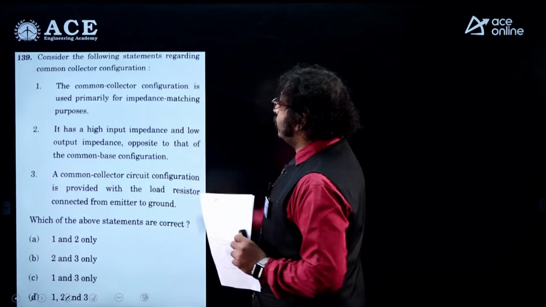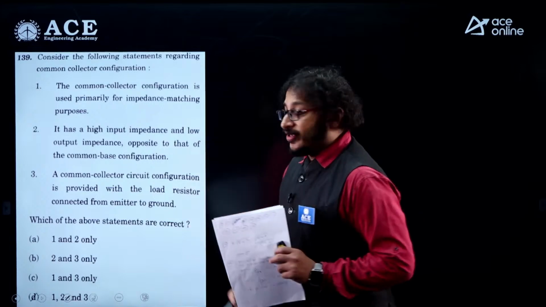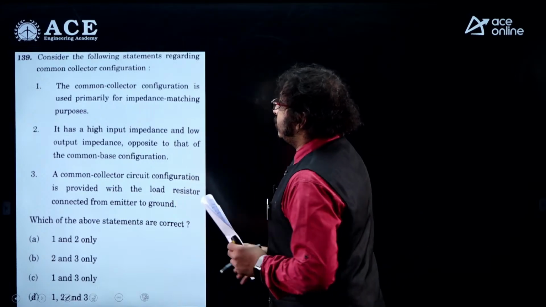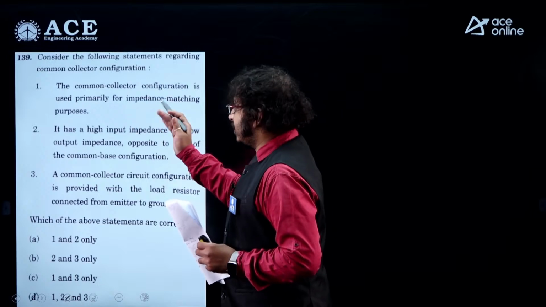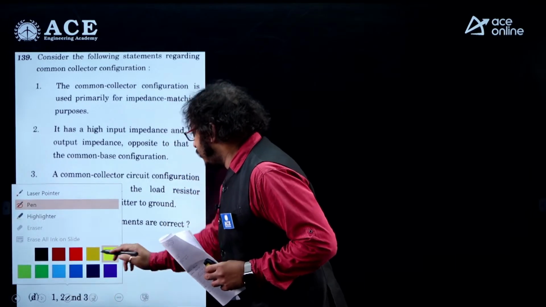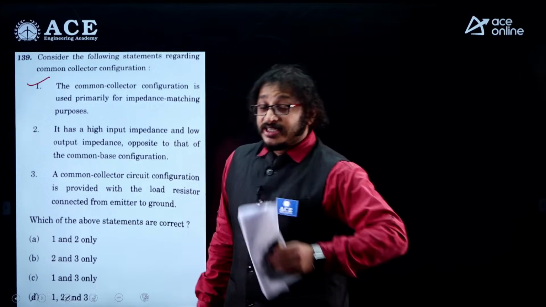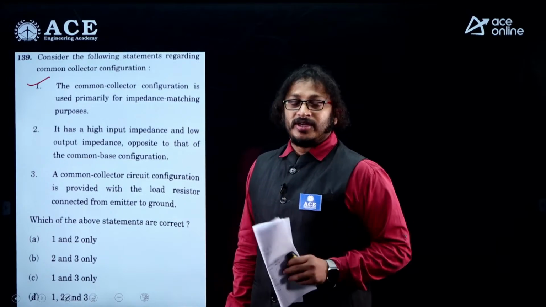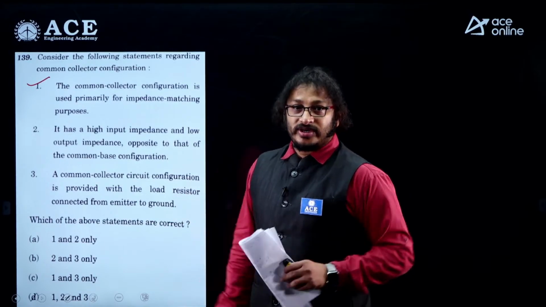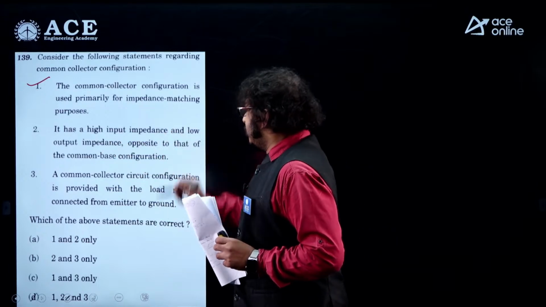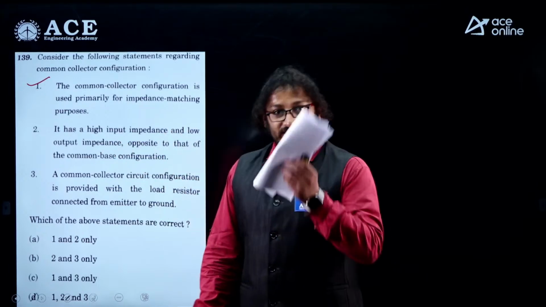So consider the following statements regarding the common collector configuration. Okay. So the common collector configuration is used primarily for impedance matching purpose. This is absolute, because it's a voltage buffer, correct or not? So perfectly used for impedance matching. Common collector is nothing but emitter follower, right? So it has a high input impedance and a low output impedance. That is right.